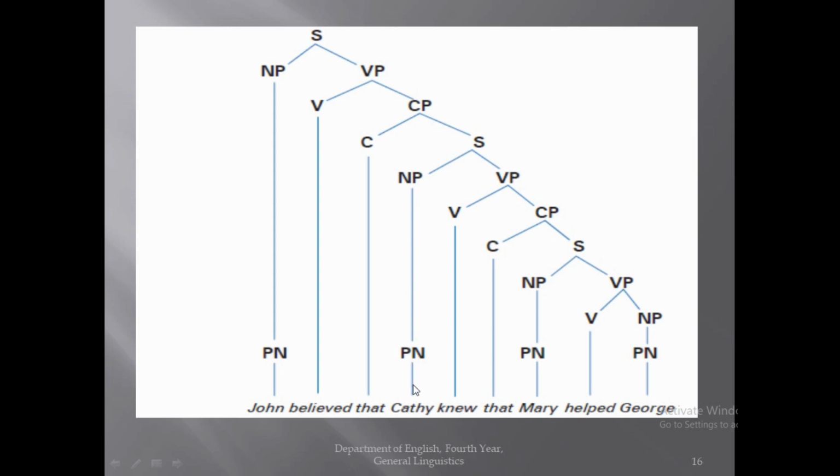The noun phrase, proper noun, which is Kathy. The verb phrase, which is verb plus again CP, which is complement phrase. The CP is complementizer, which is that, and sentence. It could be here that, which, whose, who, whom, and so on and so forth. Again, noun phrase, verb phrase, and so on. So we can use this to get an unlimited number of sentences. Okay.